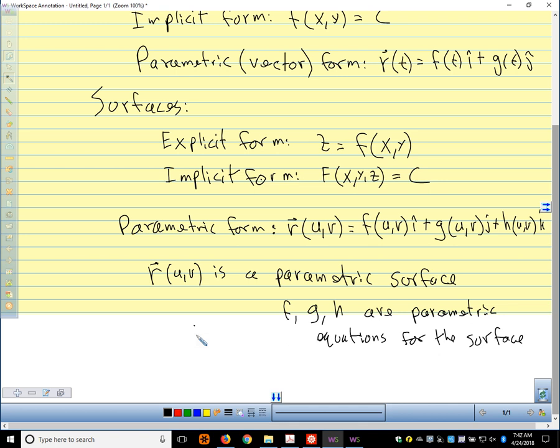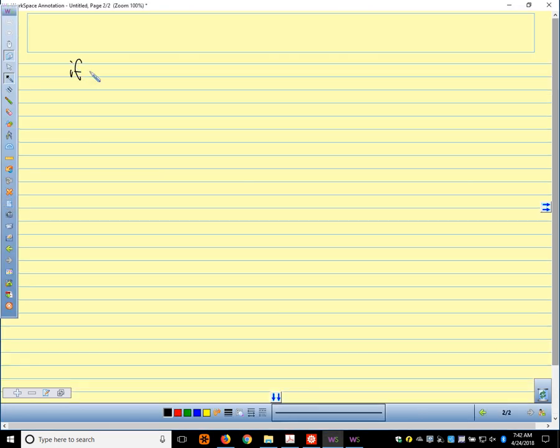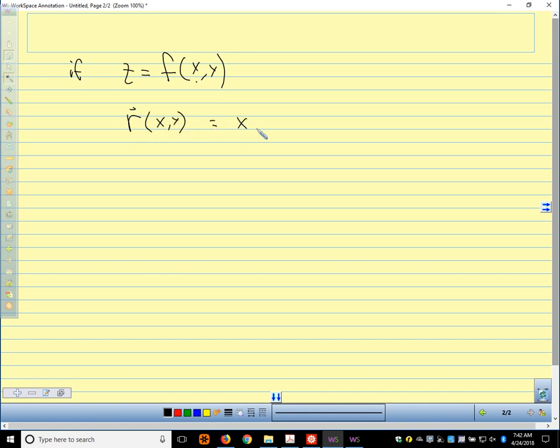All right, if we have an explicit representation of our surface, if z equals f of x, y, so we know the explicit representation, we can say our parametric surface r of x and y is just x i hat plus y j hat plus f of x, y k hat.